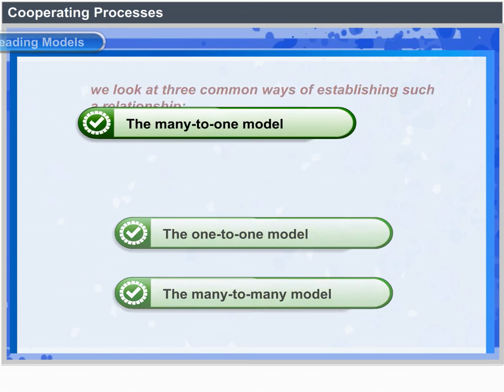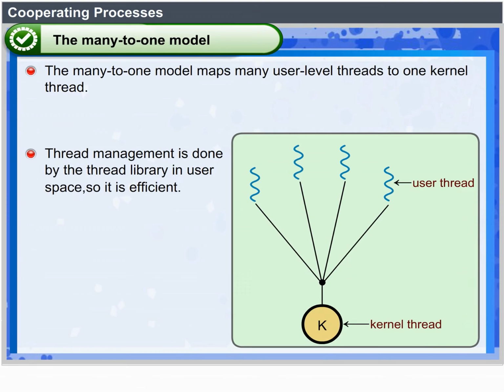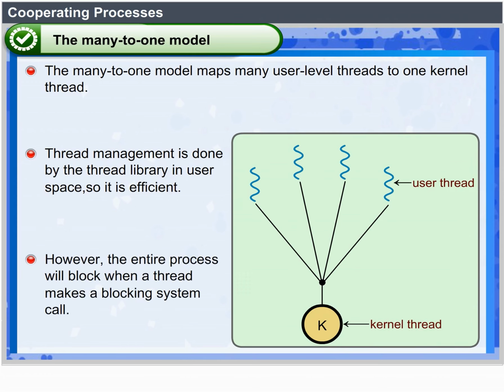The many-to-one model maps many user-level threads to one kernel thread. Thread management is done by the thread library in user space, so it is efficient. However, the entire process will block if a thread makes a blocking system call.